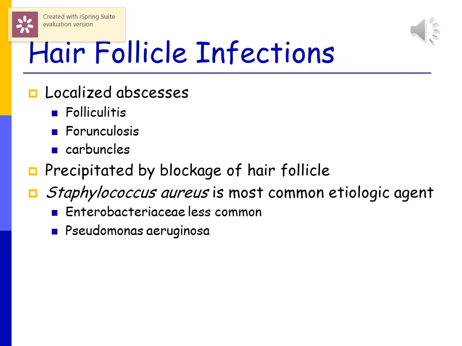And Staphylococcus aureus is the most common agent that causes folliculitis. However, you can get hair follicle infections from other organisms, possibly some of your Enterobacteriaceae members, as well as Pseudomonas aeruginosa, but Staph aureus by far is one of the more common causes of folliculitis.